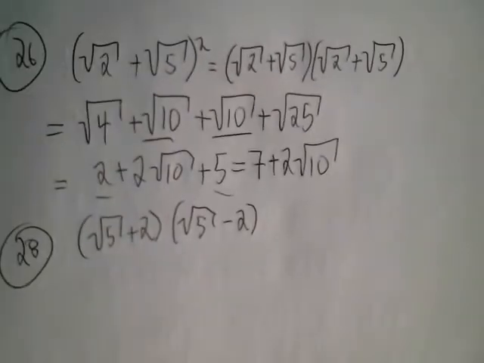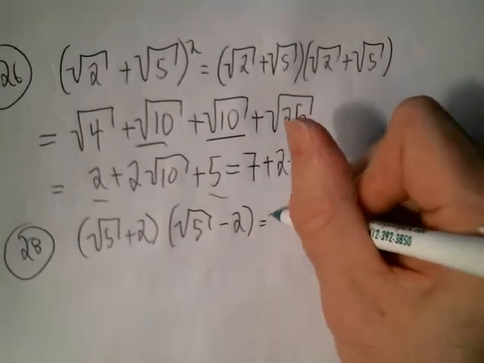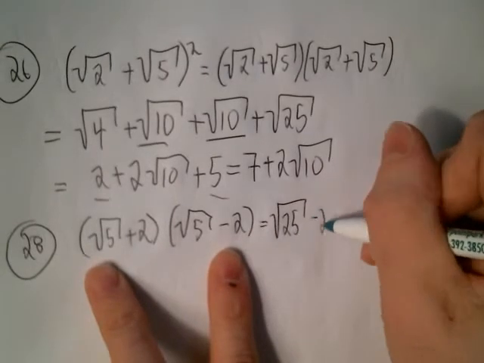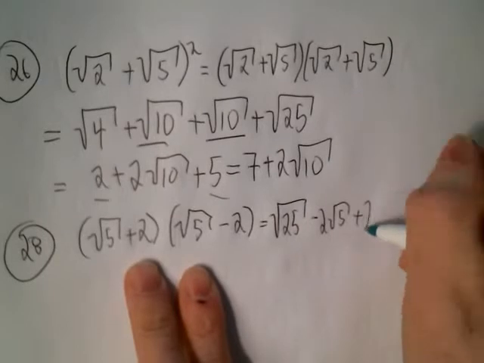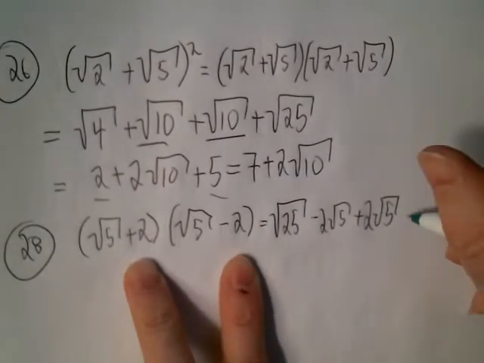And it's a special kind of multiplication that'll get rid of all the square roots. Okay, so first we've got radical 25, the outer minus 2 radical 5, the inner plus 2 radical 5, and then the last minus 4.